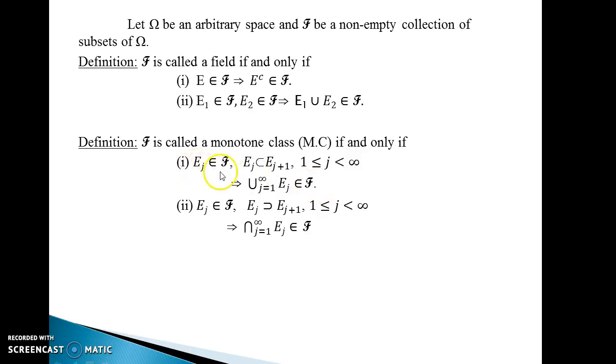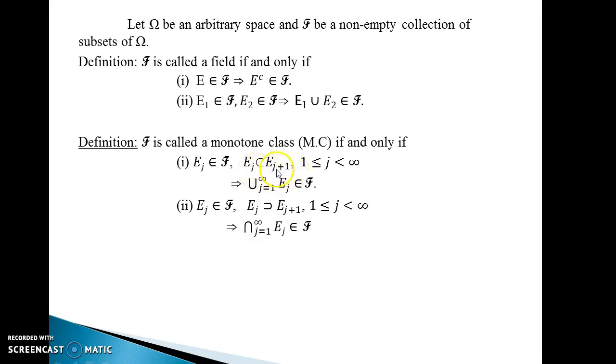That means we are considering a countable collection of sets, since 1 less than or equal to j less than infinity means countable. This countable collection has an additional property that Ej is contained in Ej plus 1.